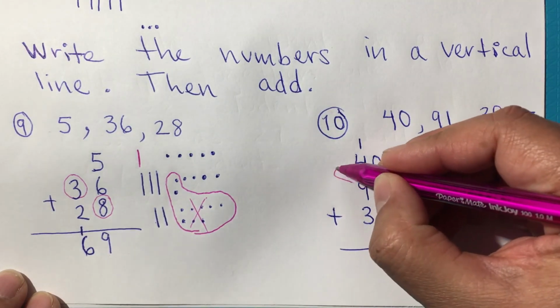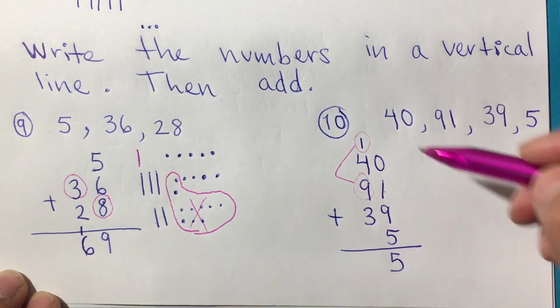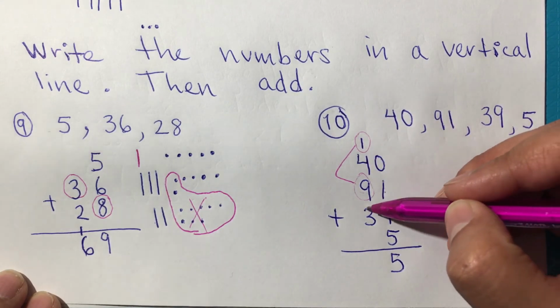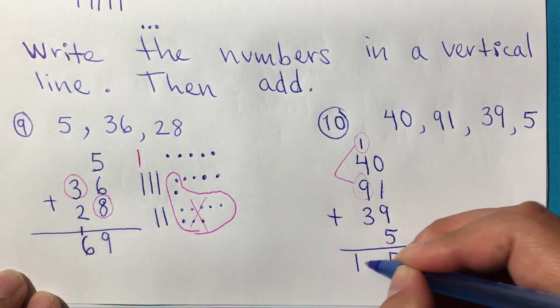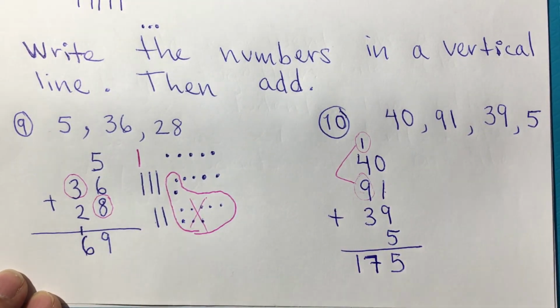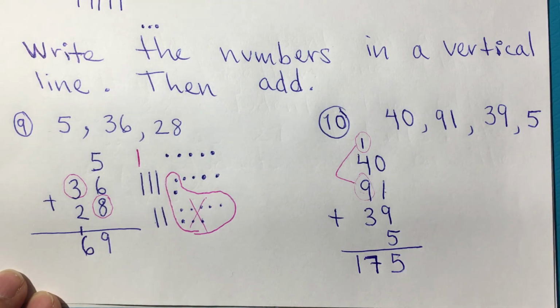The 9 and the 1 make 10, so you put those together first. 10 plus 4 is 14, 15, 16, 17. Okay, so if it makes it easier, use the numbers that go nicely together first and then add the other ones. So together all of them are 175. So let me show you what we're going to do in here.